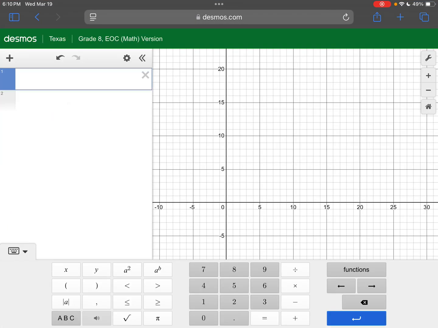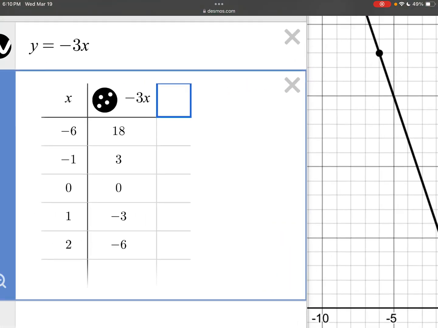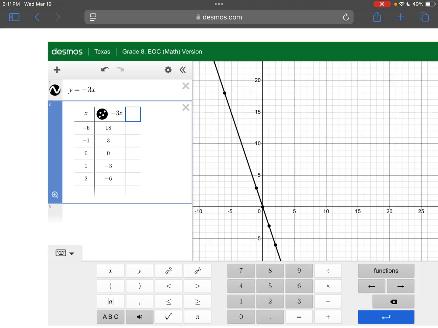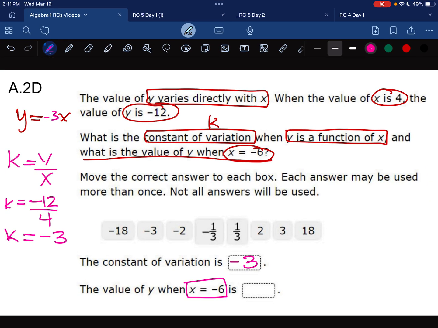I could go y is equal to negative 3x. Do a table. The question is asking me when x is negative 6. 18. When x is negative 6, my y is positive 18. That's one way. Another way is creating our own table.